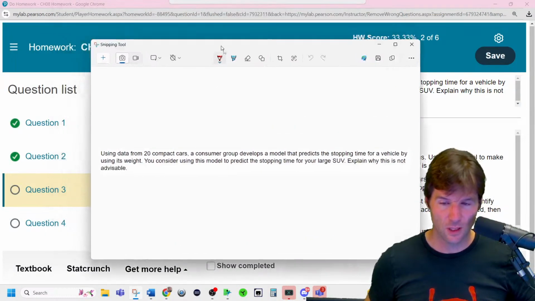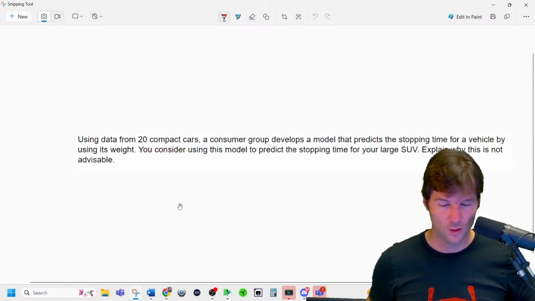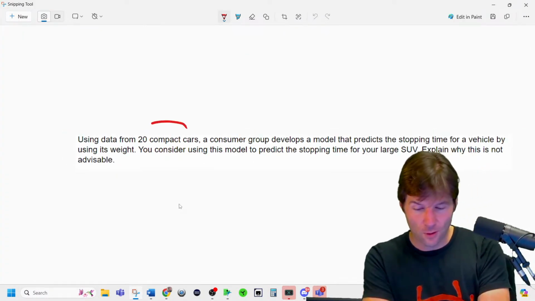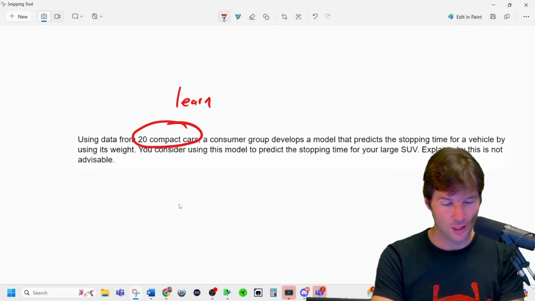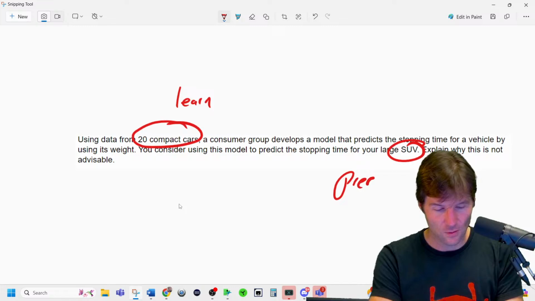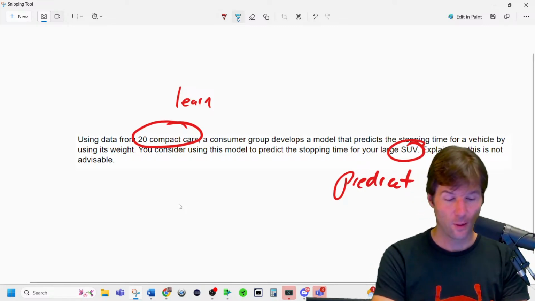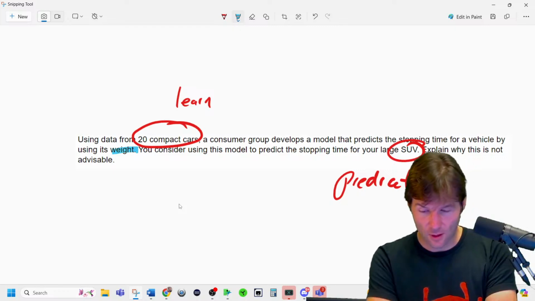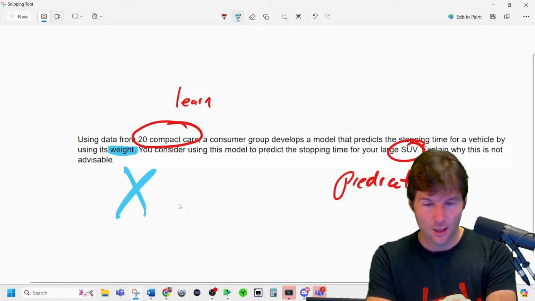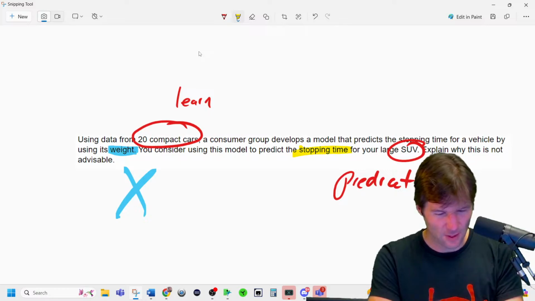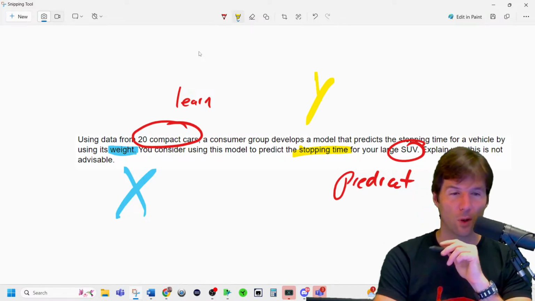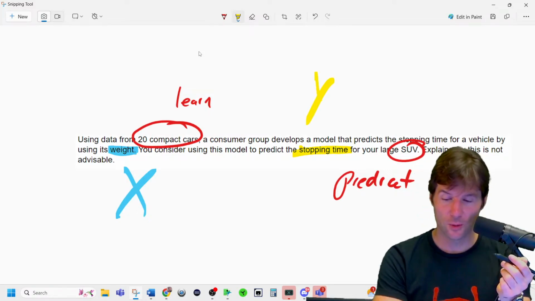Just explain to me kind of conceptually, what is wrong if you learn from compact cars and you want to predict on an SUV, and you are learning from the weight of a car as your X, and you want to predict stopping time. So stopping time is your Y variable. Notice how we've marked different things in here to tell us what we're doing.